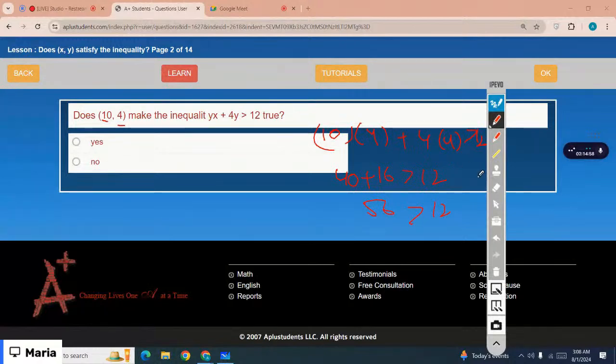That means the point (10, 4) satisfies. The correct option is yes.